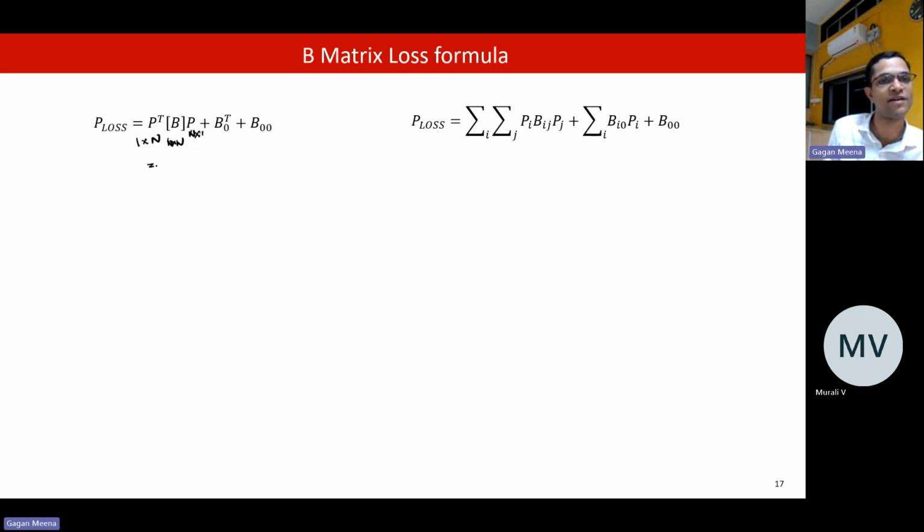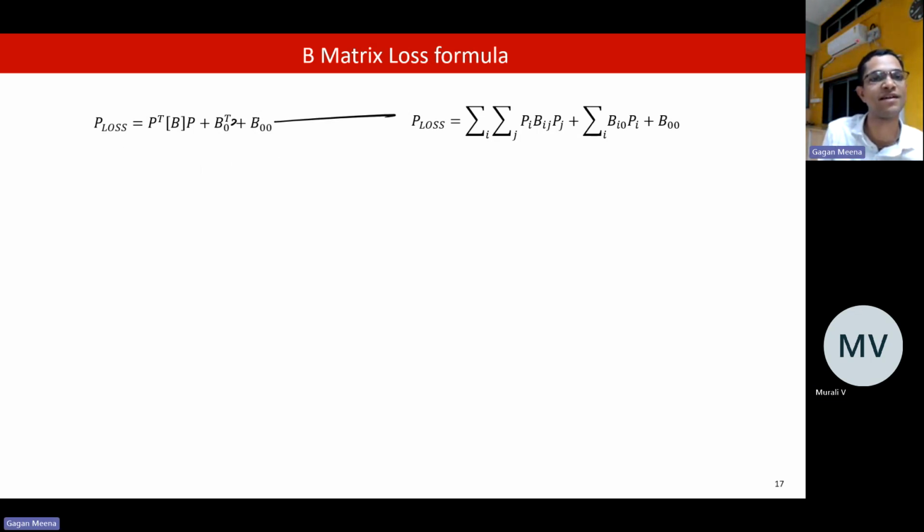So finally, we'll get one term, one scalar value. This should be P here. This is a vector, this is 1 cross n, this is n cross n, and the result is a single value. This is also a scalar. So we will get a scalar loss value.